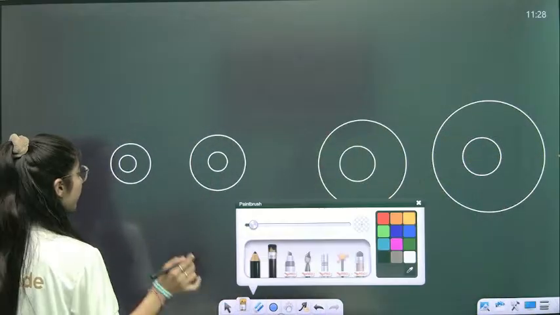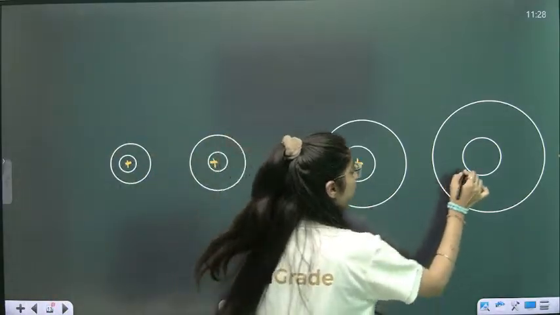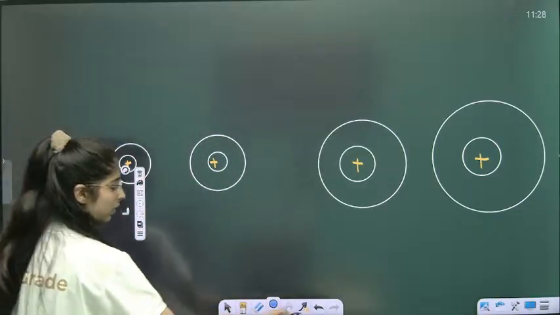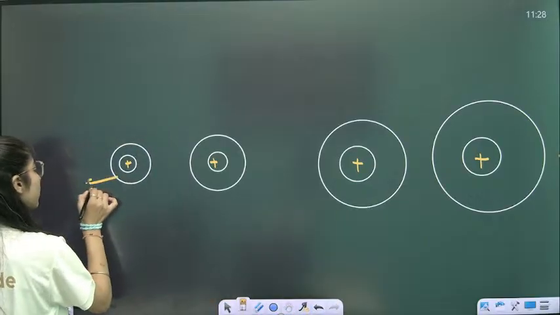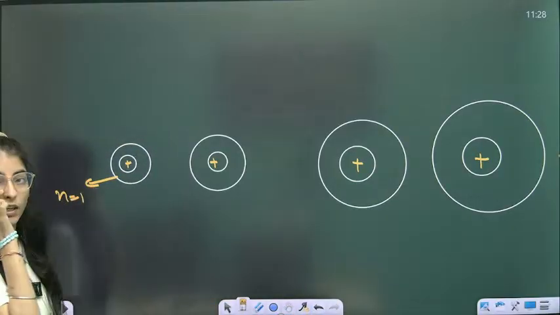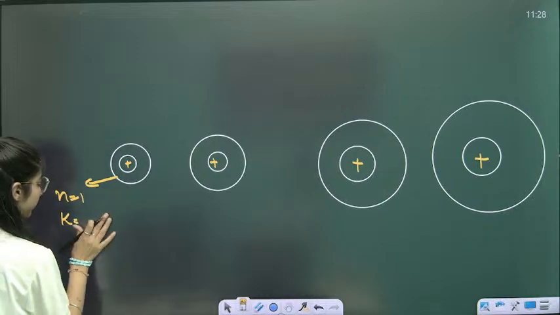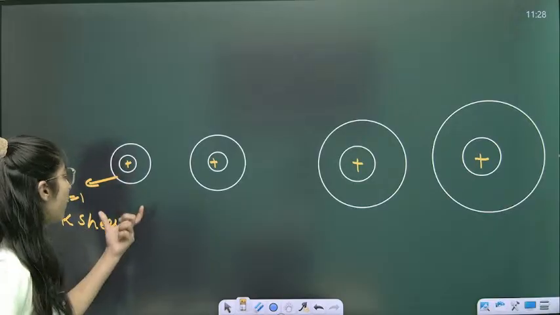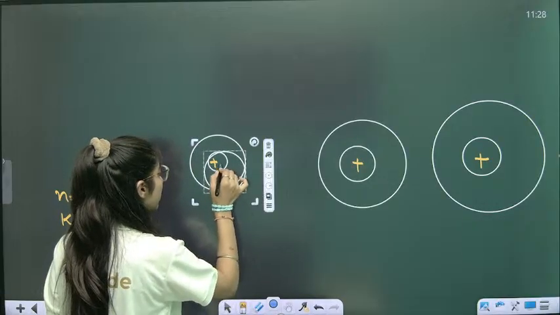Let's say this is your nucleus, and this is your n is equal to 1. It represents your K shell. If you have n is equal to 2, you simply draw it like this.